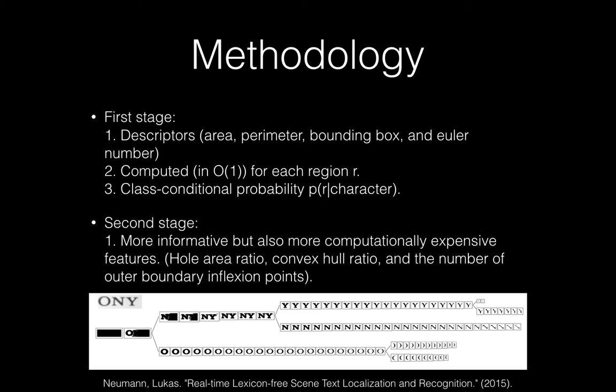So, referenced by this paper, real-time lexicon-free text localization and recognition, 2015. Actually, they have a paper in 2012 with a similar method, and they're using that method. By the extremal region, you can regard a region as a tree.